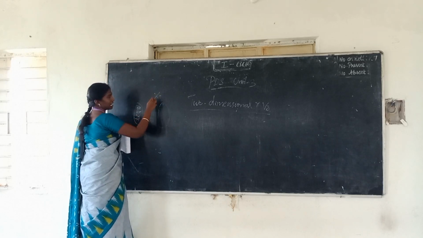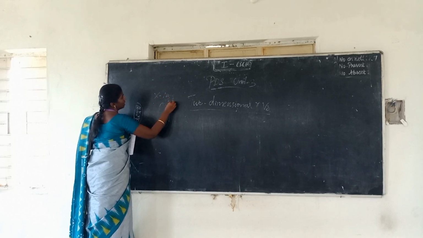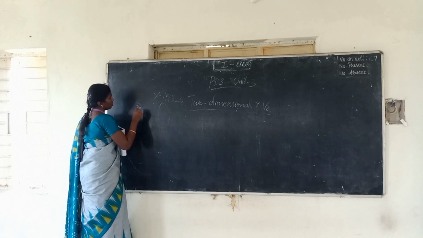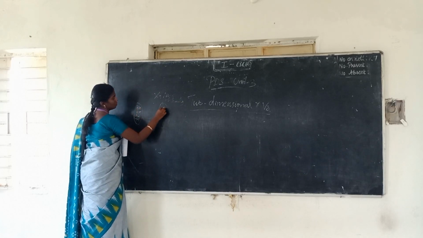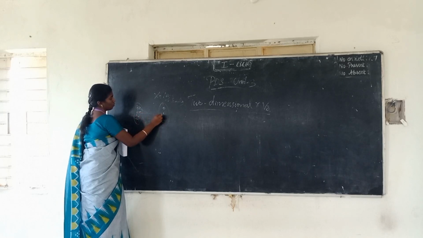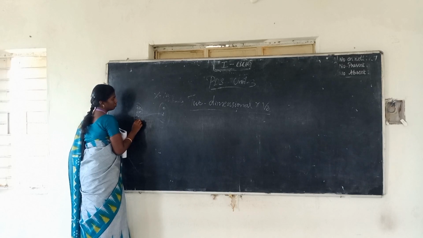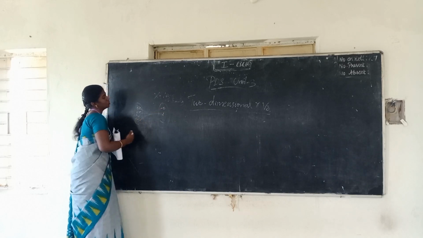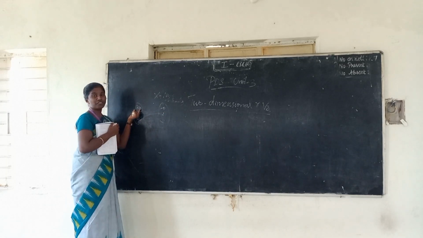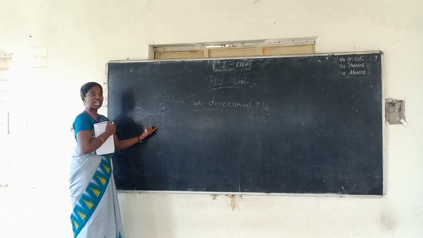Suppose we take our random variable as the number of heads. So HH maps to 2, HT maps to 1, TH maps to 1, TT maps to 0. So for each outcome we assign a numerical value. This is called a random variable.